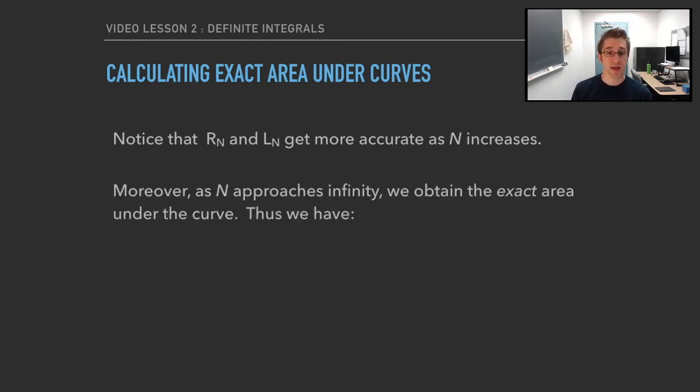And in fact, if I take n approaching infinity in the sense of a limit, then I actually get the exact area under the curve. So the area under the curve of the function over the interval that we're given is the limit of either the right or left endpoint approximations as n goes to infinity. So to calculate area exactly, we first find an expression for, say, Rn, and then take a limit as n goes to infinity. And sometimes you can compute that limit and you get the exact area.